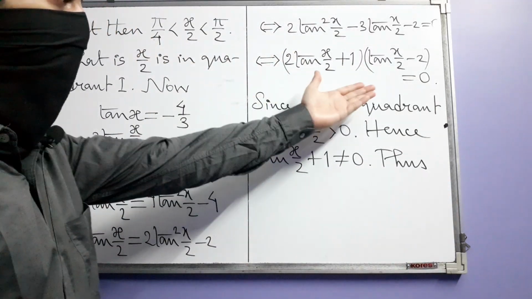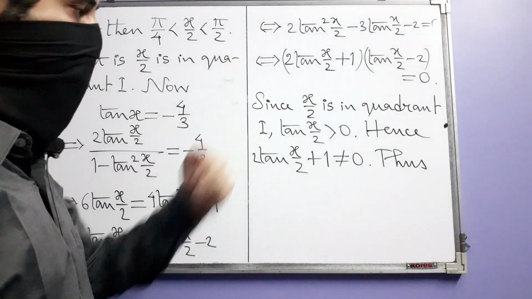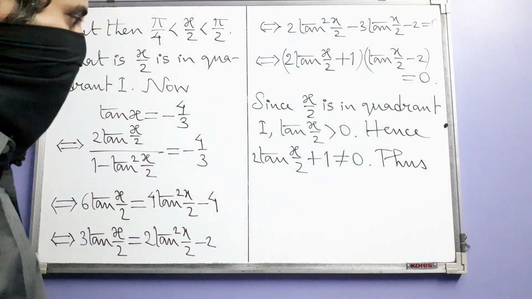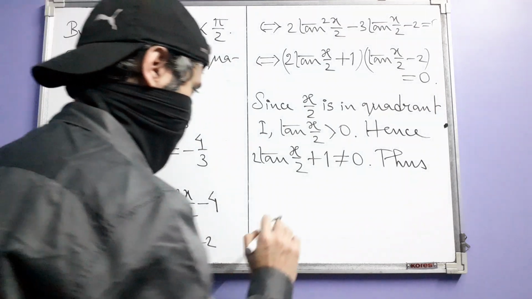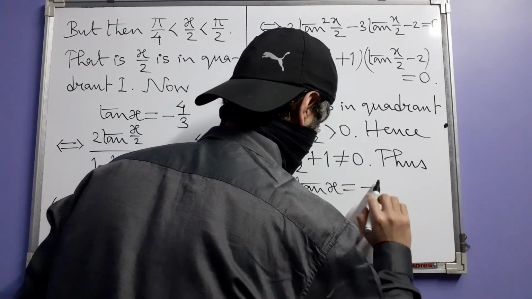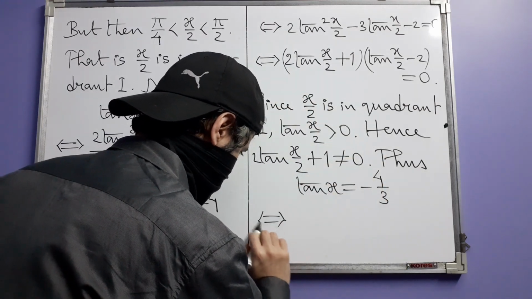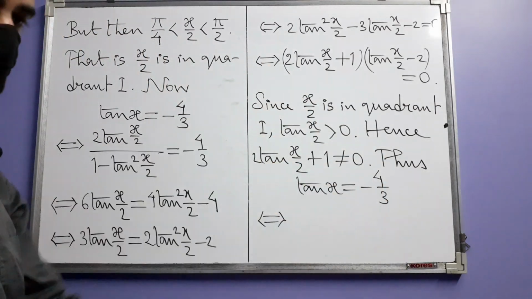However, there is a break in this chain of equivalent statements. So again you have to write thus. If and only if, no need to write everything again.